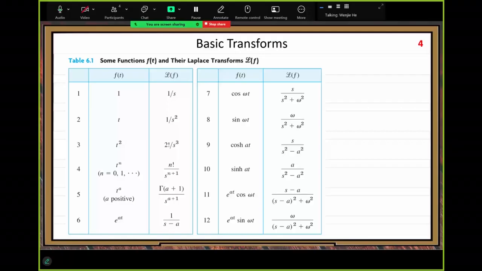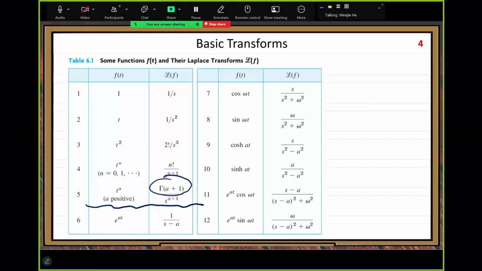But in this basic formula table, look at formula number 5. That's for the power function, t to the a with a positive, and the Laplace transform has a new function. Do you know this function? Have you seen this in calculus a little bit?